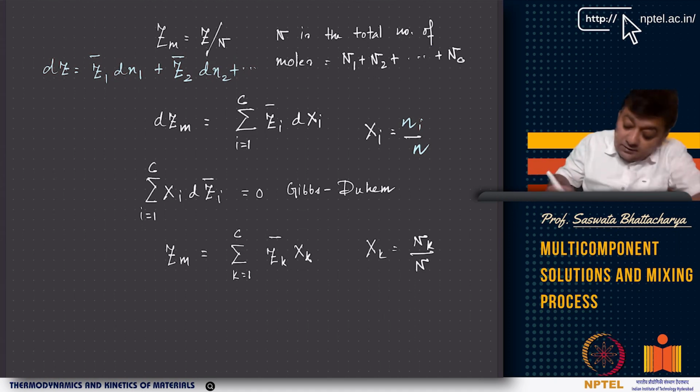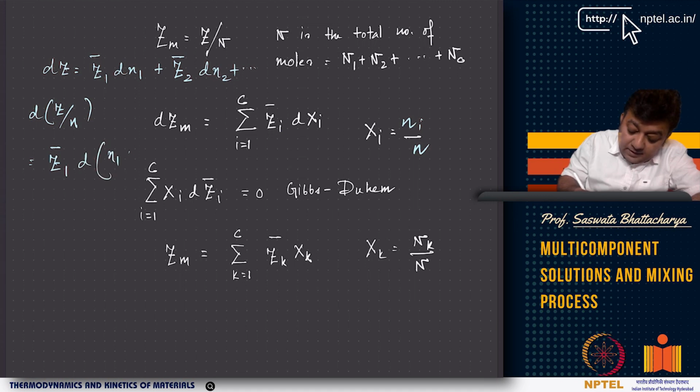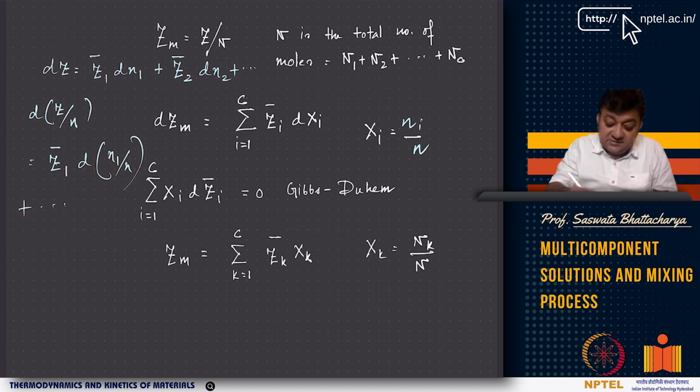So now I am dividing. So dZ by N equals Z1 bar dn1 by N plus so on, where n1 by N is nothing but x1.